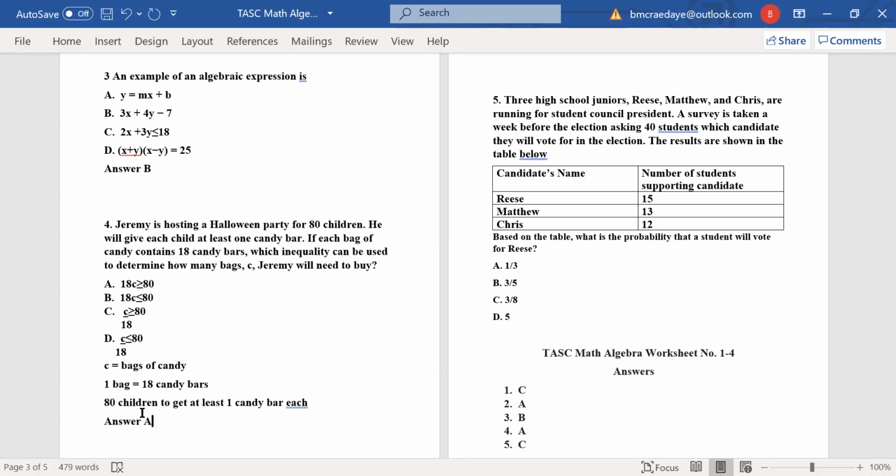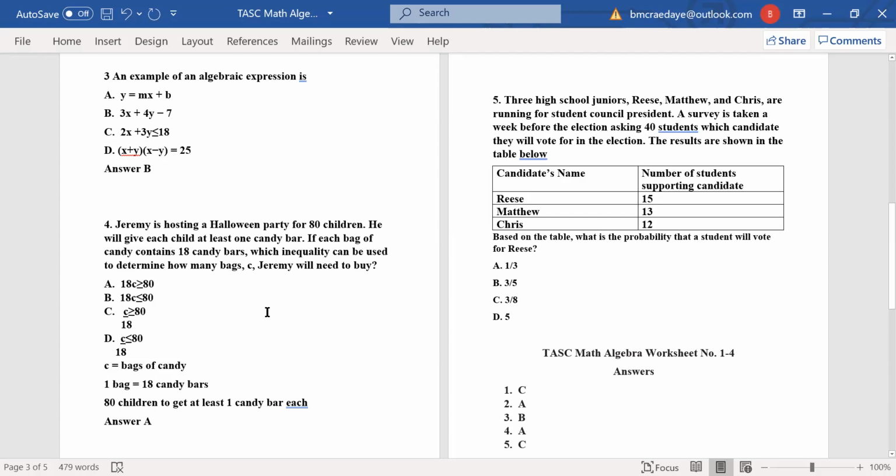So when you ask yourself, okay, I need at least 80 bars, I have 18 in a bag. So if I divide 80 by 18, I get the number of bags, right? So that means 18 times the number of bags has to be greater than or equal to 80.